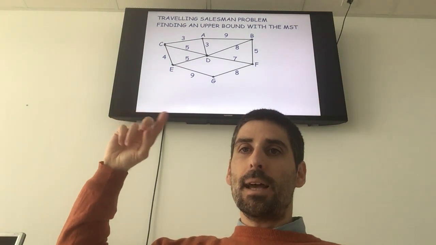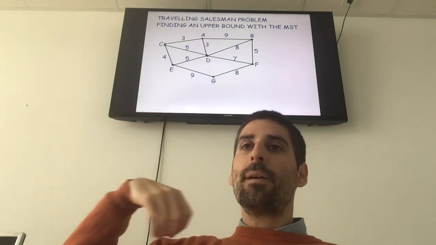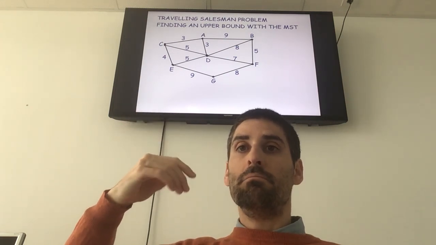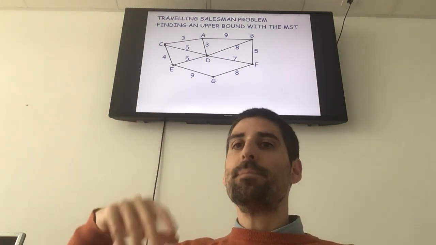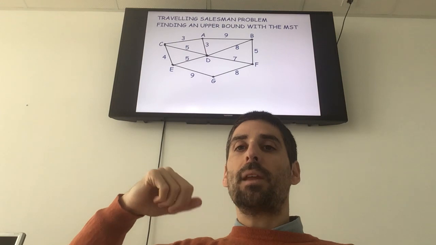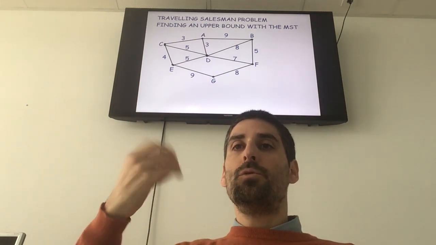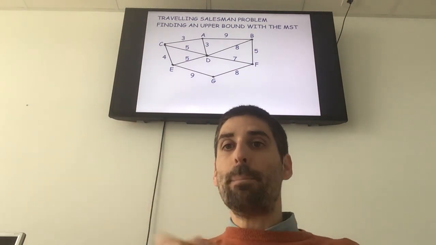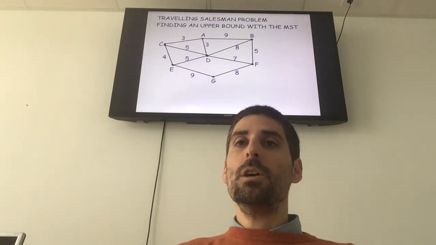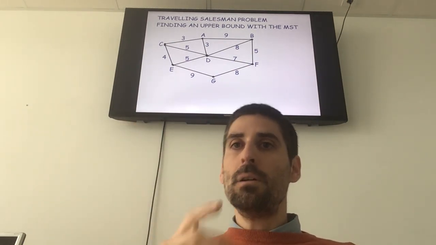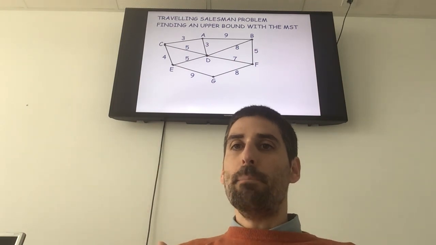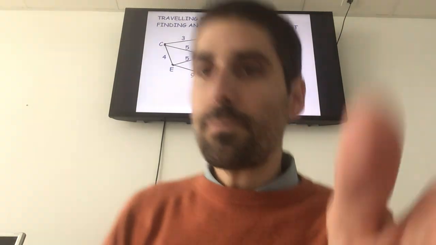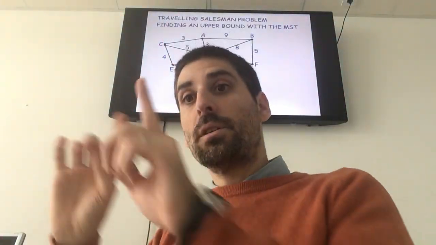Here is a network. Find the minimum spanning tree using Kruskal's, and then double the weight to find your upper bound estimate. Okay, so pause the video now and try to find the minimum spanning tree.